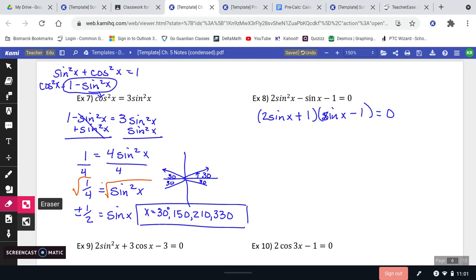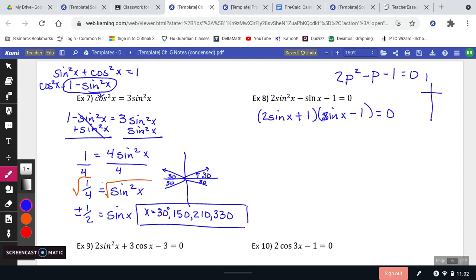Now, you might not do it that way. Your other option is you can do a box. If you wanted to, you could rewrite this as 2p squared minus p minus 1 equals 0, and then do a product sum table. So this would be a -2 and a positive 1.